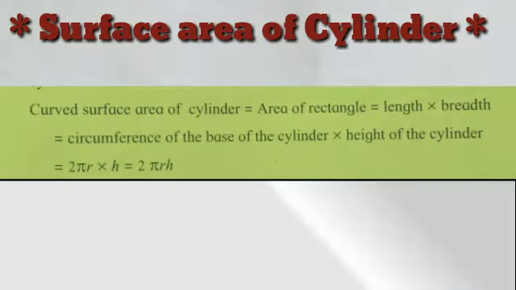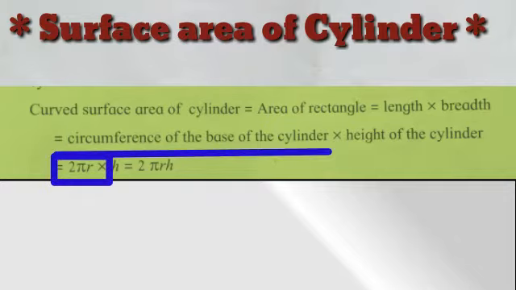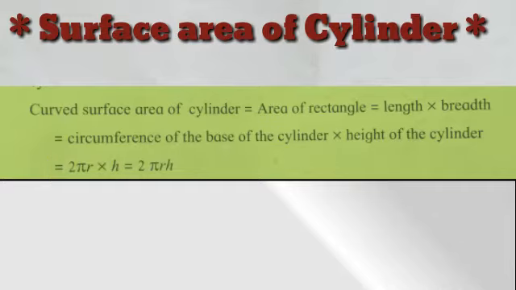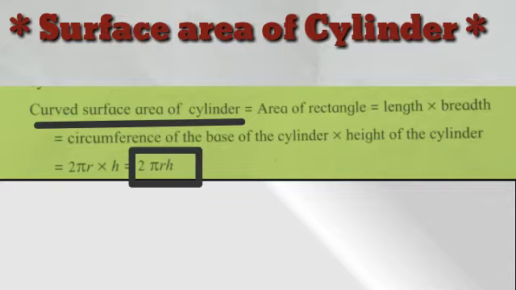Got it, students? Therefore, the circumference of the base of the cylinder is 2 pi r, and we multiply it with the height h. Therefore, the curved surface area of cylinder is equal to 2 pi r h. This is the formula of curved surface area of a cylinder. So write it properly and learn it.